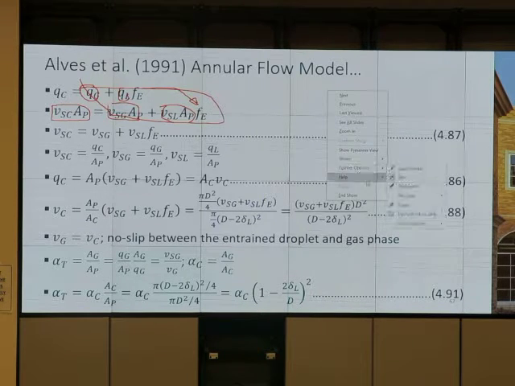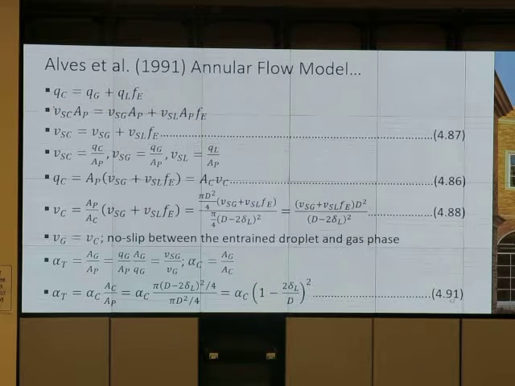Look at this one more time. Can we calculate VSC right up front? Almost. Because we know VSG, we know VSL. The only thing is F sub E. If we know F sub E, we can calculate VSC, superficial core velocity, right up front. If we have some gas trapped in the film zone, QC won't be QG, it will be a little bit less.